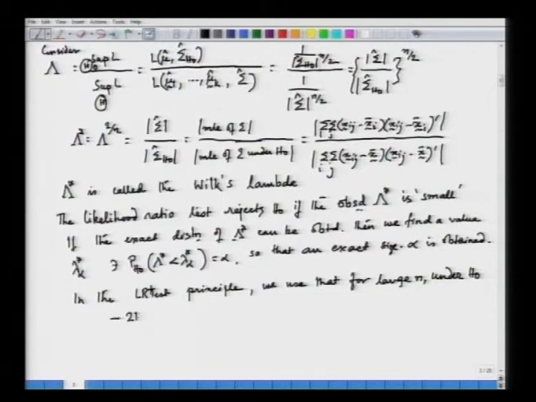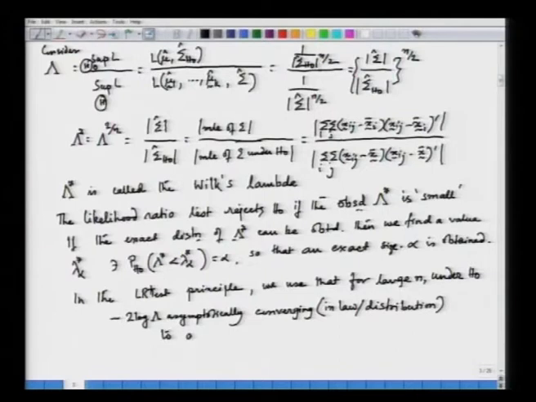So, minus twice log lambda is asymptotically converging, in law or distribution, to a central chi-square distribution.